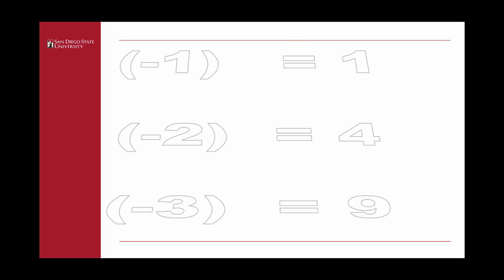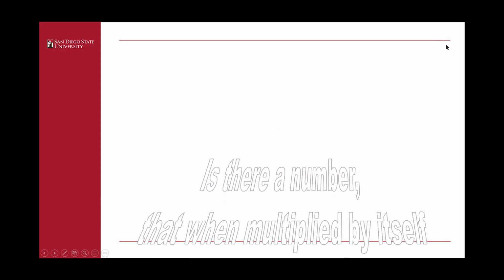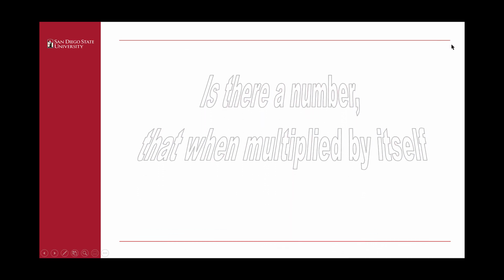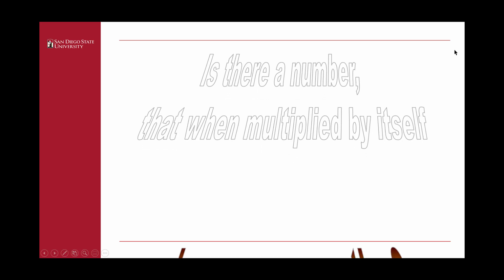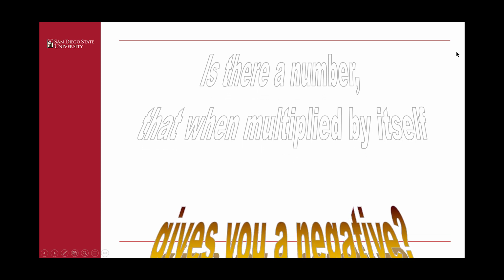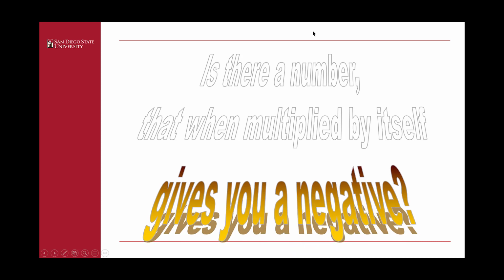As we said, the square of -1 equals 1, just as the square of 1. And the square of -2 is 4, and the square of -3 is 9, and so on. And the question arises: is there a number that, when multiplied by itself, gives us a negative number?